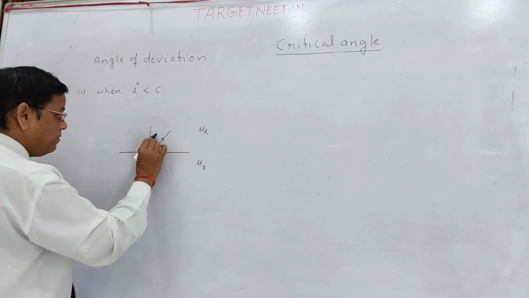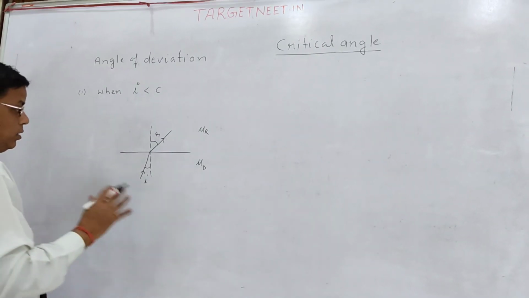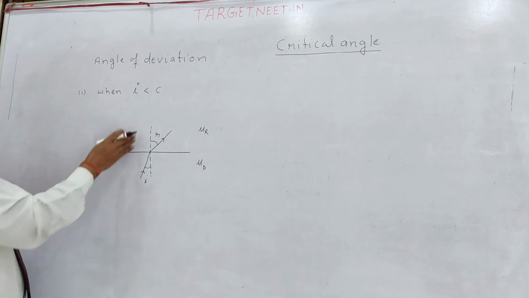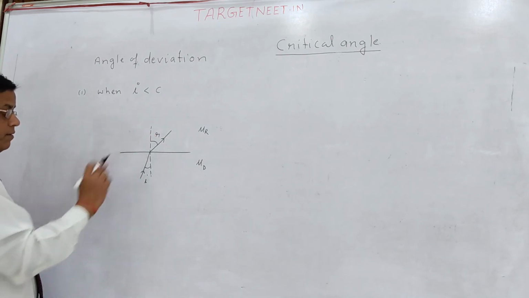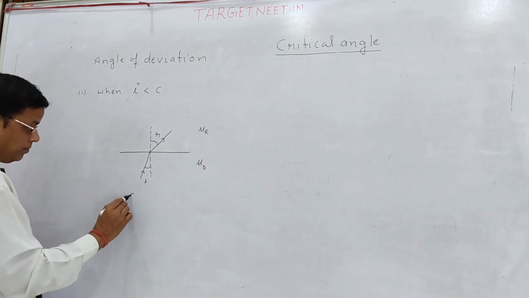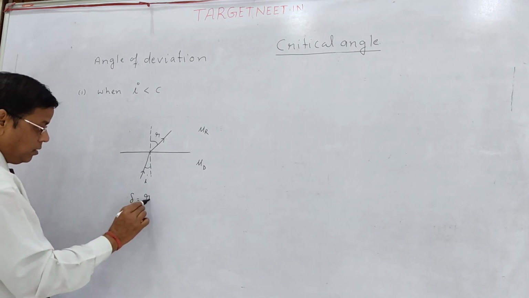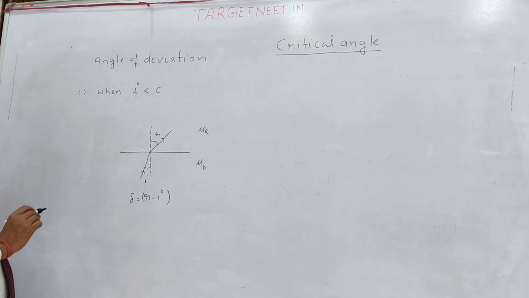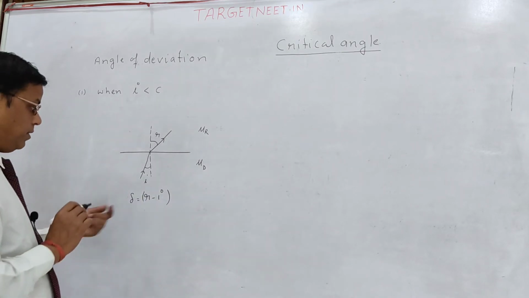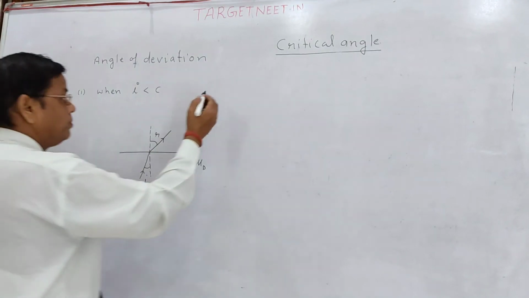This is angle of refraction. So here, as you know, light is going from denser to rarer. So r will be greater than i. So angle of deviation in this case is r minus i. And by using Snell's law, we can find a relation between these two.